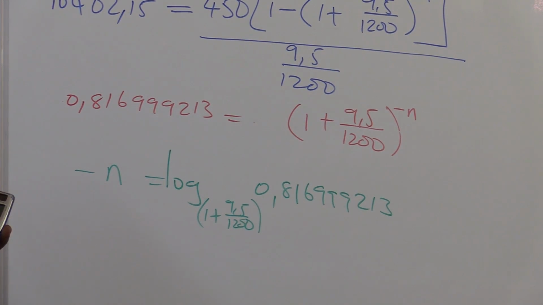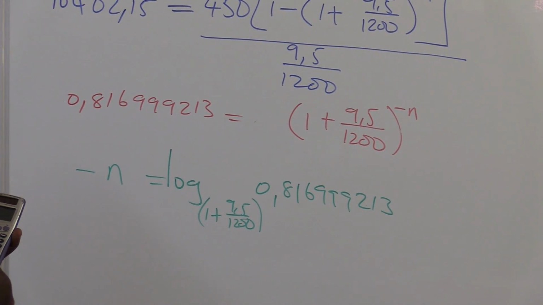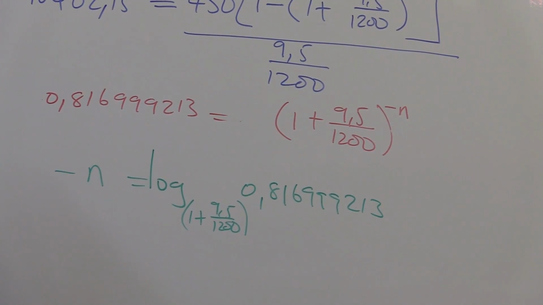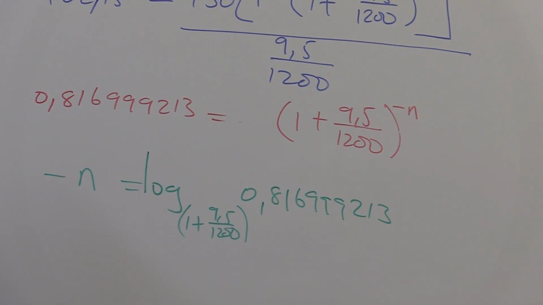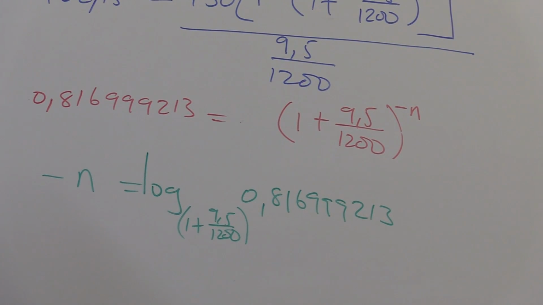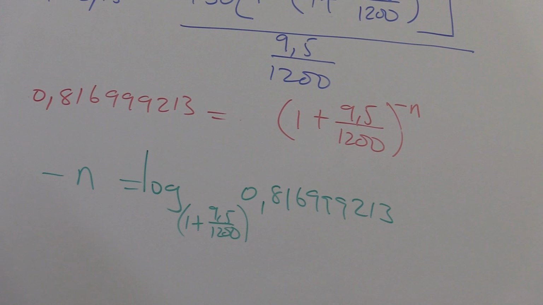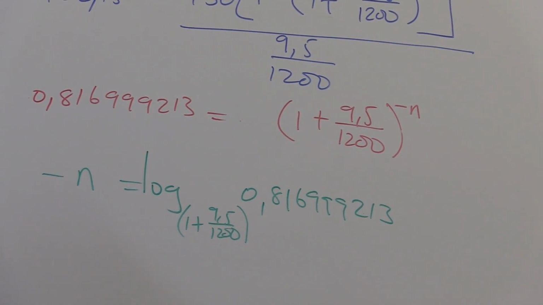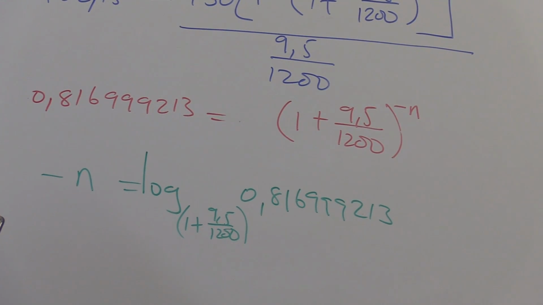I've got 9.5, my denominator there is 1,200. You close this. I go to the other one. I've got 0.816999213. Right, that's what we have.